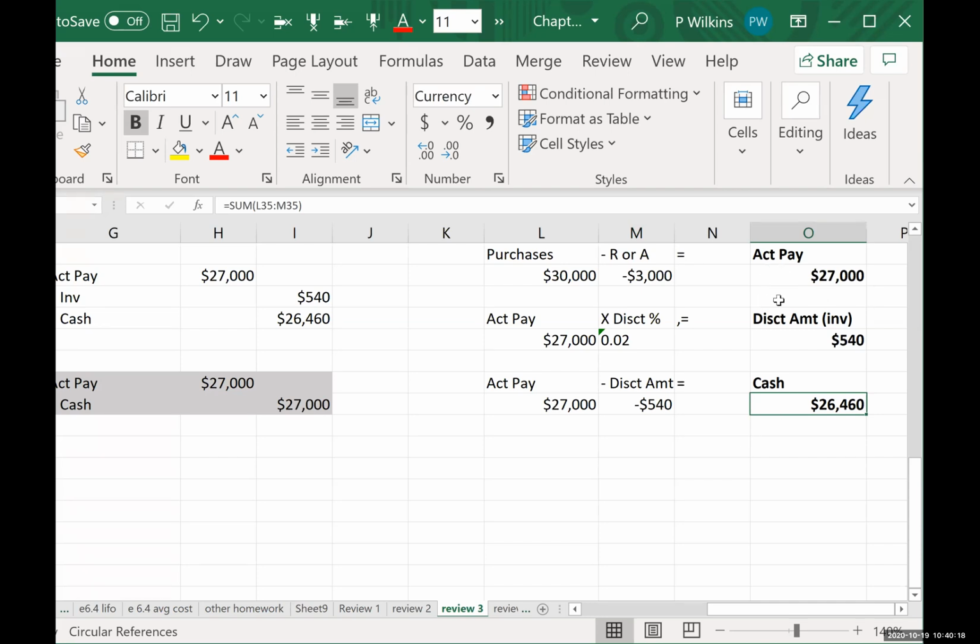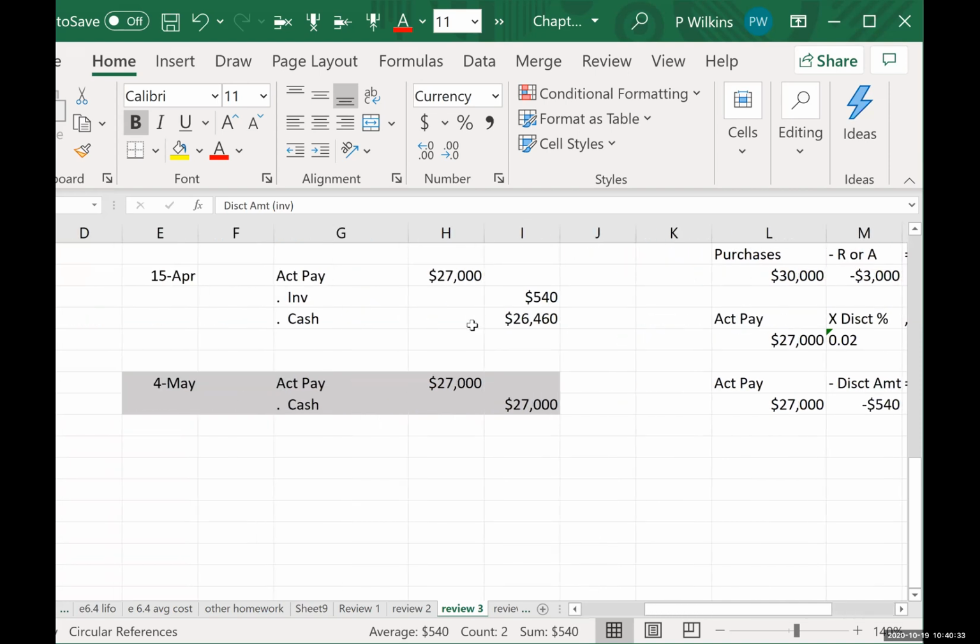So we do all that math first so that we can then very easily do the entry, because we need the accounts payable number, the discount amount, and the cash. And I have here discount amount, and then inventory in parentheses, because when you're the buyer, everything goes to inventory. So we're going to see April 15th. We're going to debit accounts payable $27,000 to clear that out.